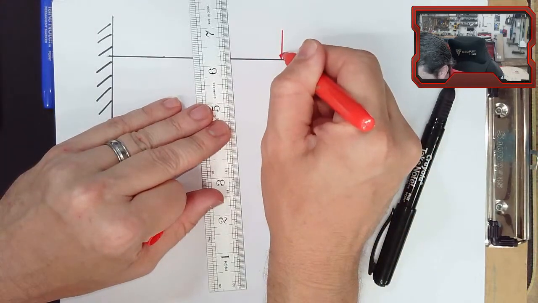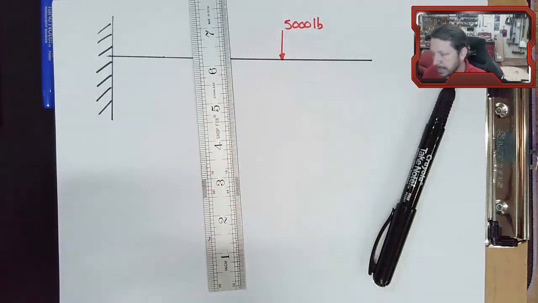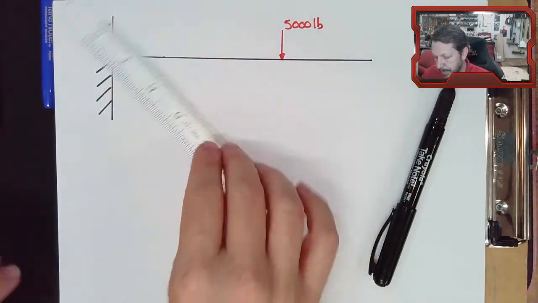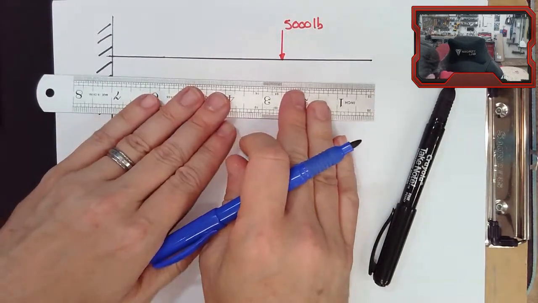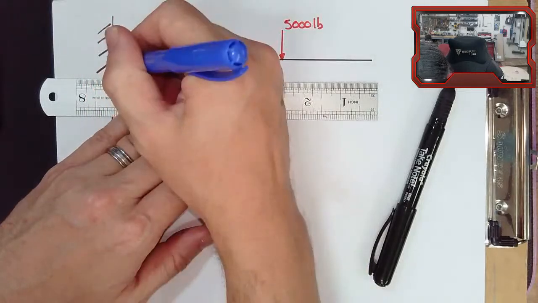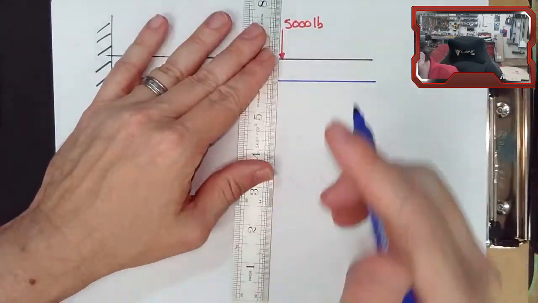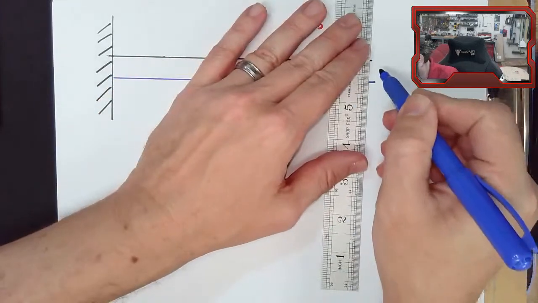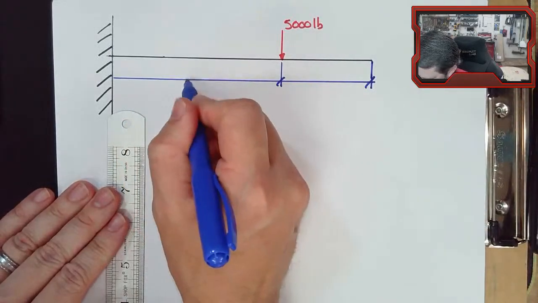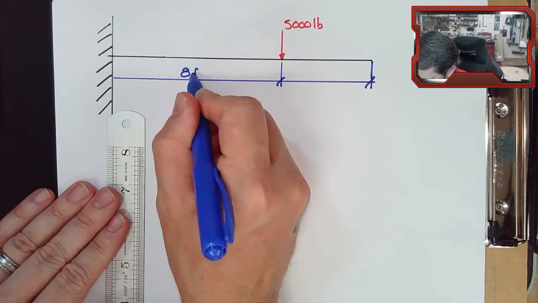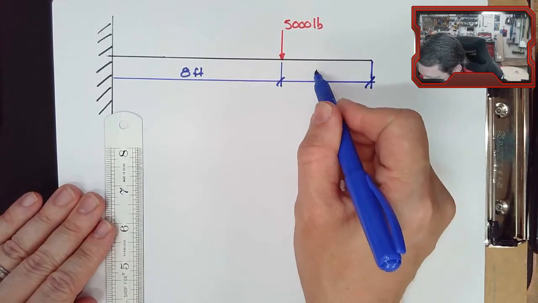But let's use the same 5,000 pounds. And let's make the point load 8 feet from the wall, just like it was before. And let's make this extension that we added on 4 feet.